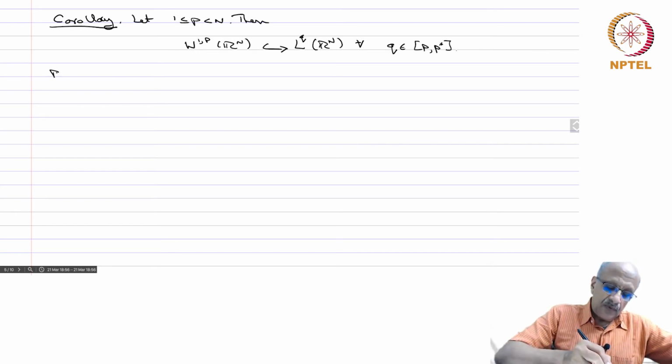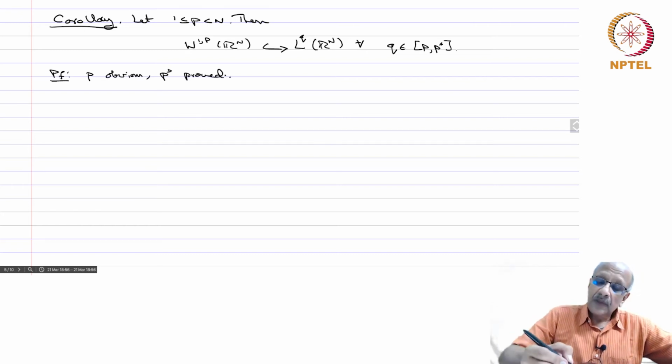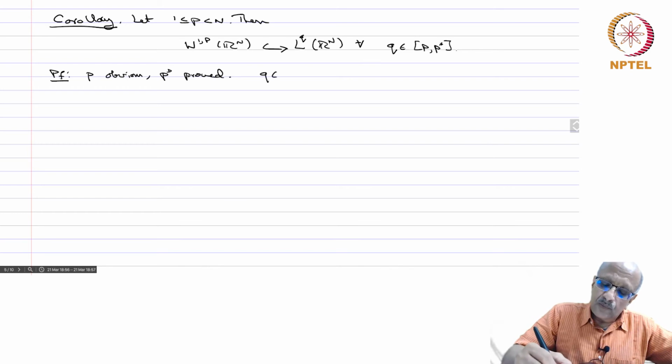So, proof: q = p is obvious, q = p* is proved in the Sobolev embedding theorem. So we only want to look for q belonging to (p, p*).